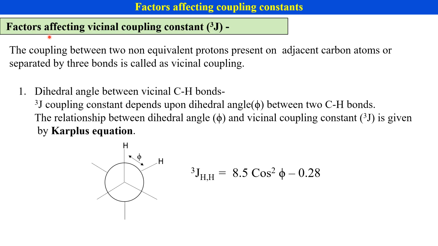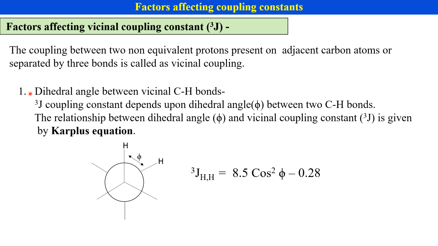Then we see factors affecting vicinal coupling constant. Vicinal coupling constant means the coupling between two non-equivalent protons present on adjacent carbon atoms or separated by three bonds. It is also known as vicinal coupling. 3J means these protons are separated by three bonds.